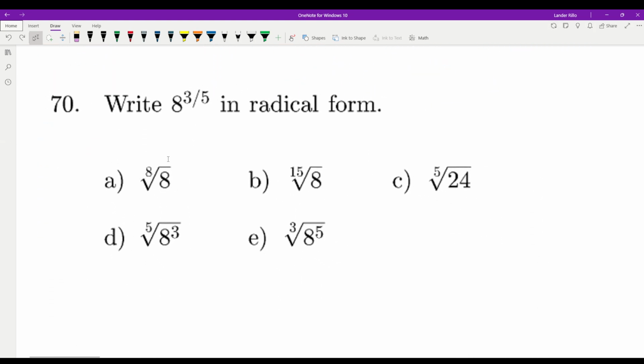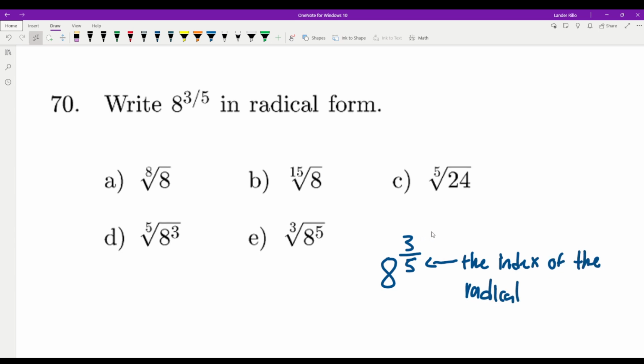Question 70, so 8 to the power 3/5, and you want to put it into radical form, which means there has to be a square root or a radical in your answer. Basically, what's underneath is the index of the radical. What's on top, I usually think of as high power.